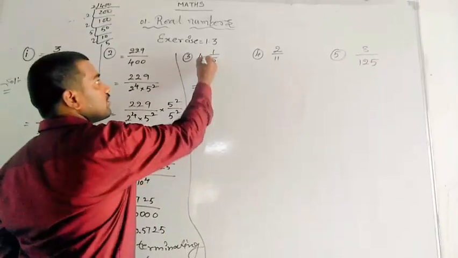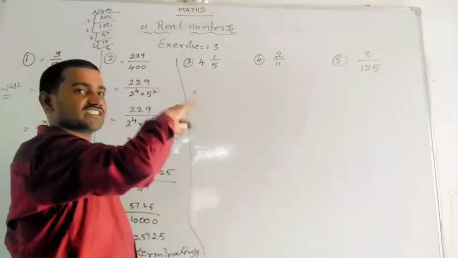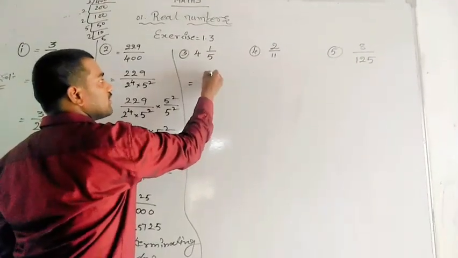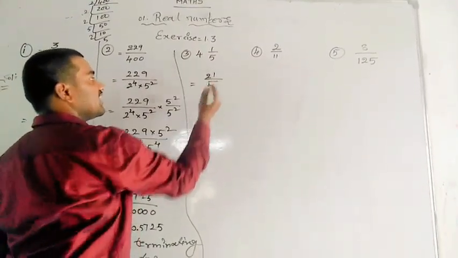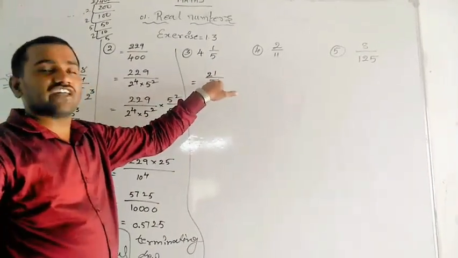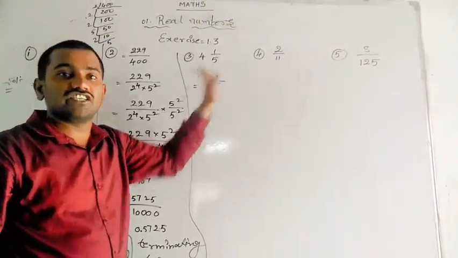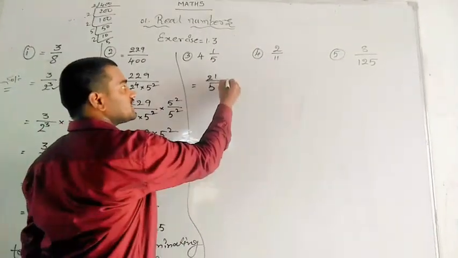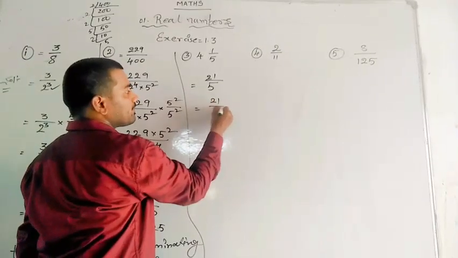Let us see. This is a mixed fraction, so let us change it into an improper fraction. 5 fours are 20 plus 1, 21 by 5. Here itself the denominator is in the form of 5 to the power of m, so it is a terminating decimal number. Let us change this 21 by 5.